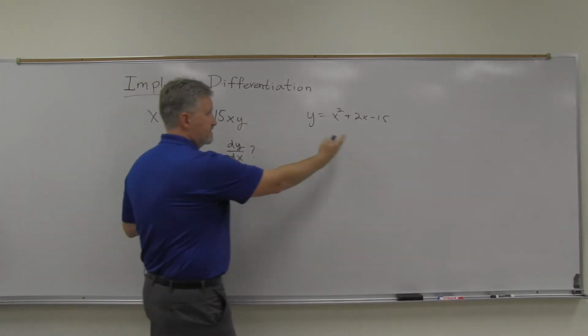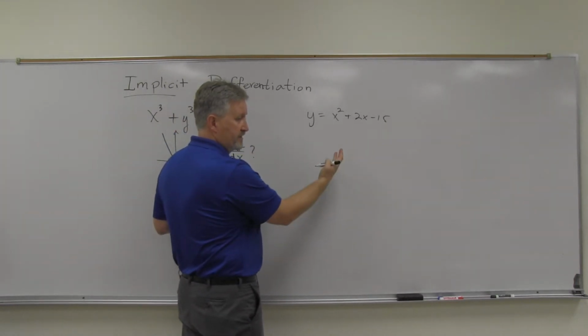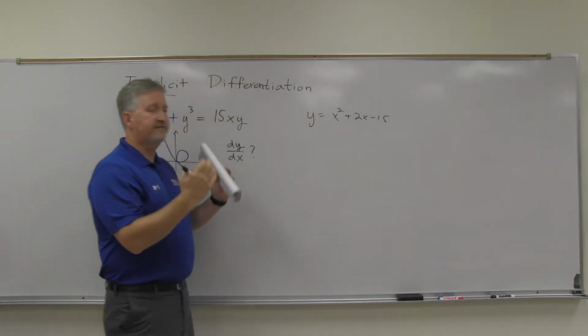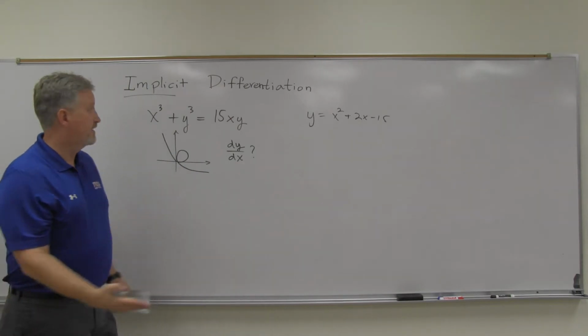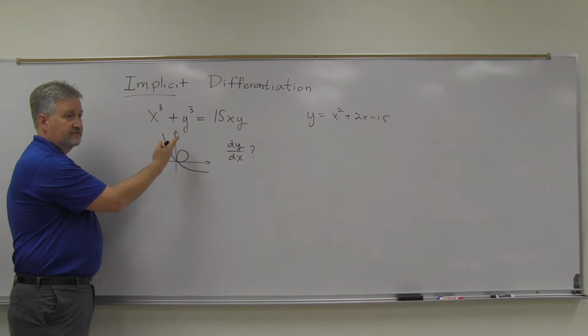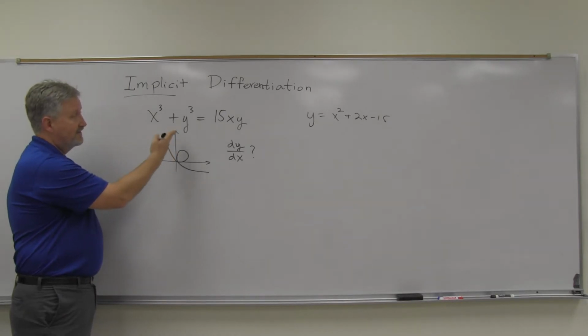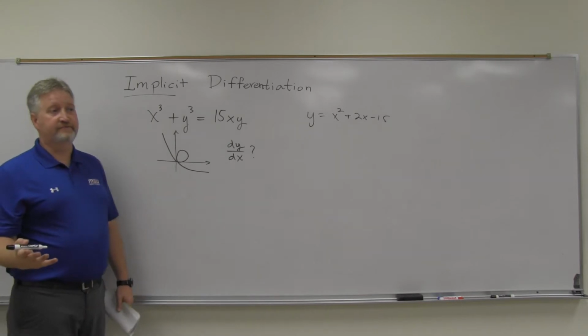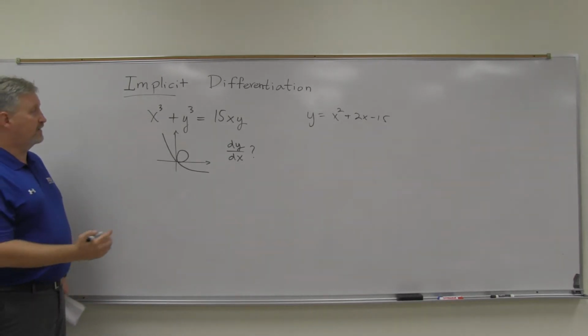this is a function, and what that means is I've got y explicitly in terms of x. It's explicitly defined in terms of x. I may be able to find what y is in terms of x here, but for this one in particular it would be difficult, and for some of them it may be just impossible to find.